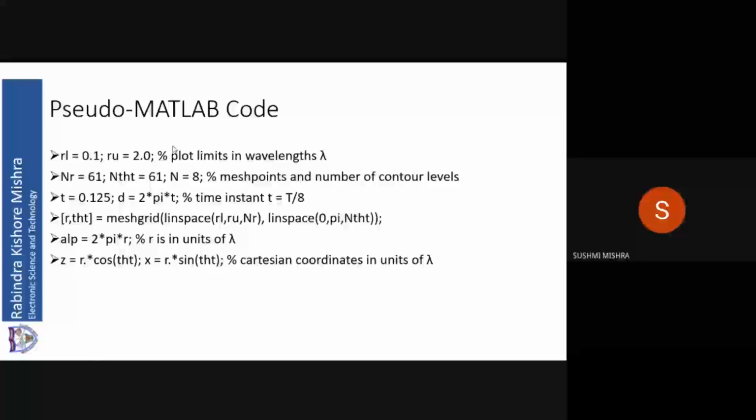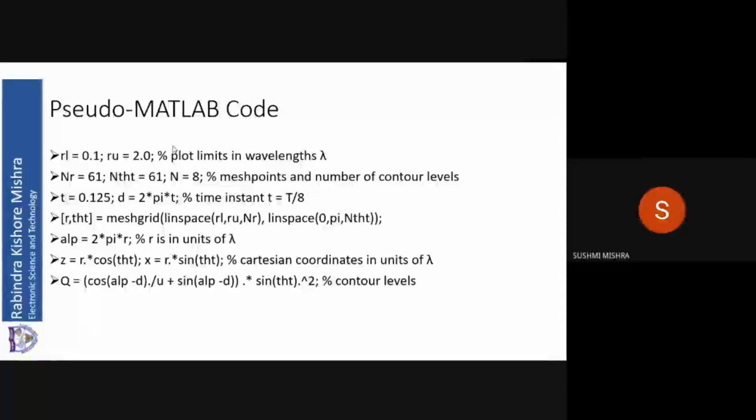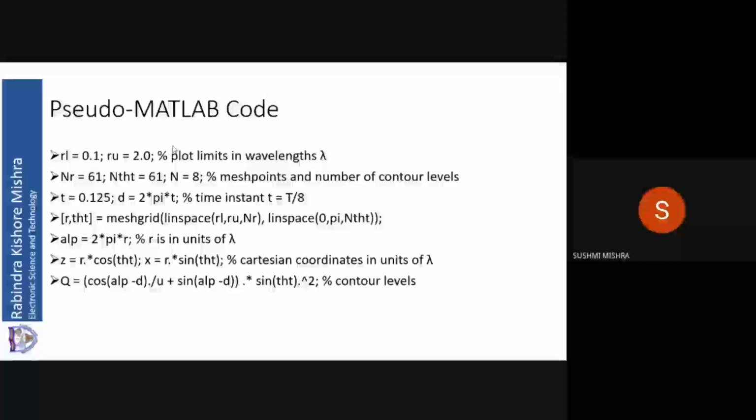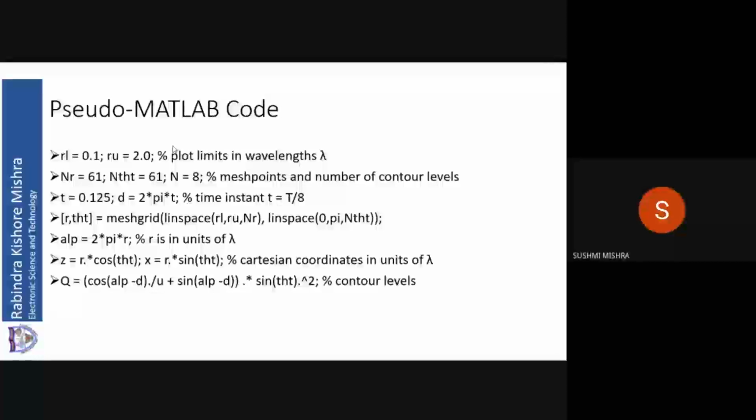In the polar coordinate system we had R and theta; in Cartesian we have Z and X in this case. Already I have told you why this happens: when the dipole is Z oriented, its R component is proportional to cos theta, and its theta component is minus sin theta. So from that it comes.